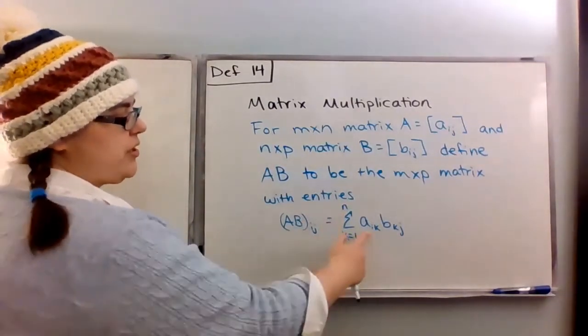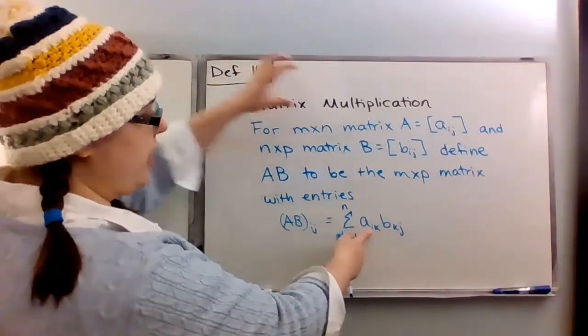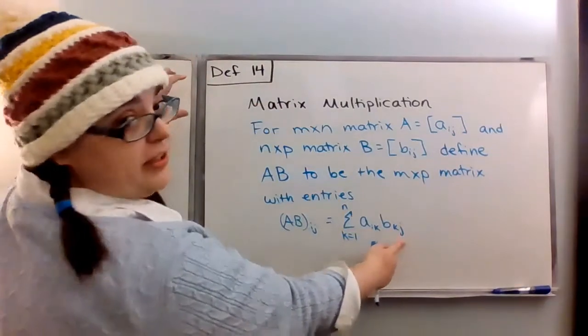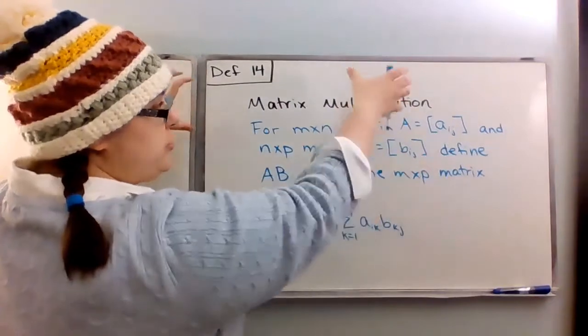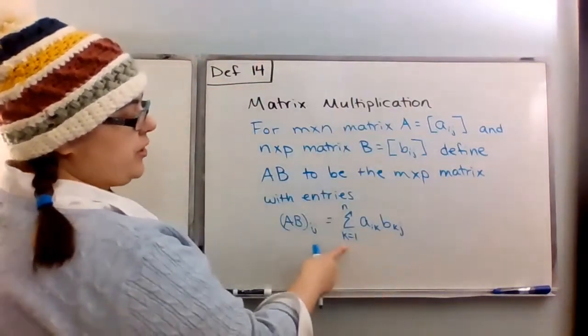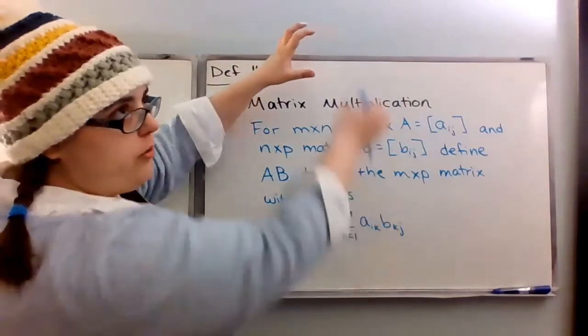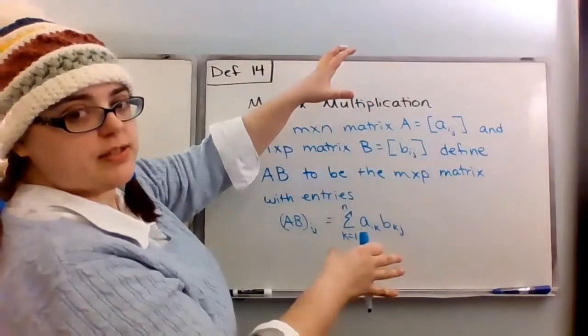What we're doing is keeping the i constant, so we're keeping a row constant in A, and in B, we're keeping the column constant. So we're going to go up and down a column. We hold those two fixed, and we're summing over k. So we move over along the row and down along the column and match up the corresponding pieces.